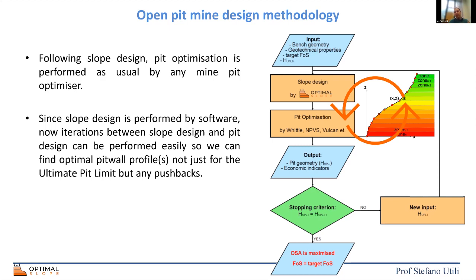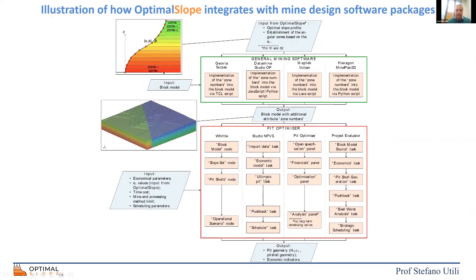And you could even think of designing an optimal slope for each pushback. Because the point is to have a very simple and quick transfer of data between the slope optimizer and the pit optimizer.